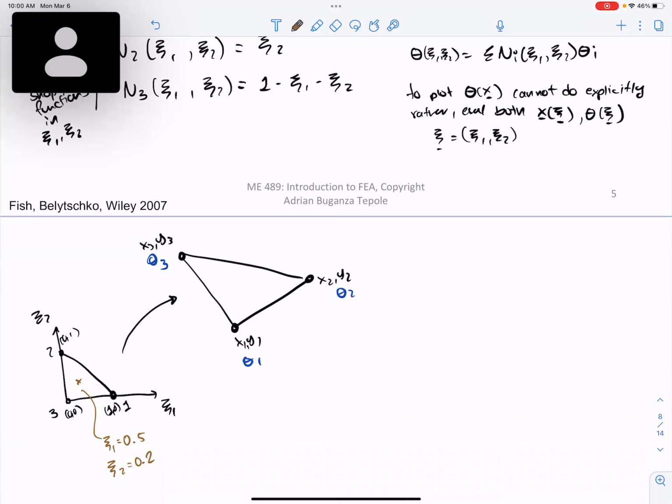Then I need to evaluate x at that value of psi1, psi2, which is the sum of the shape functions evaluated at psi1 0.5, psi2 0.2 times the nodal values.